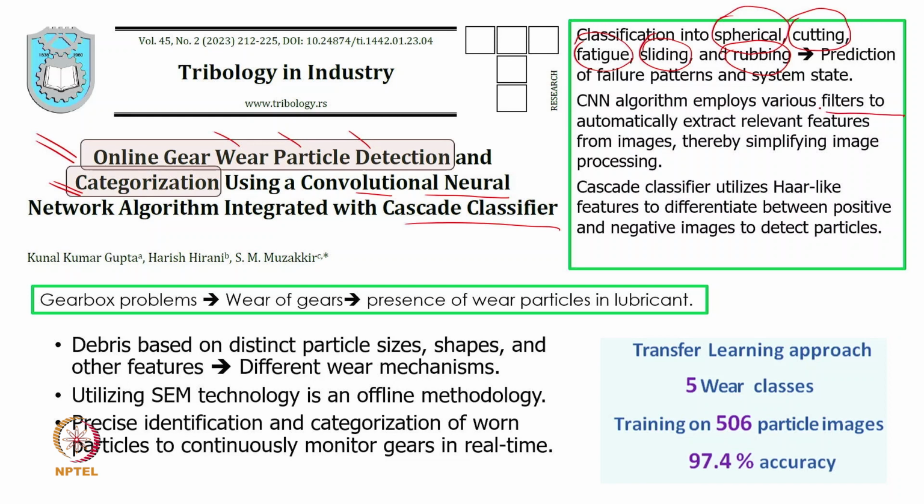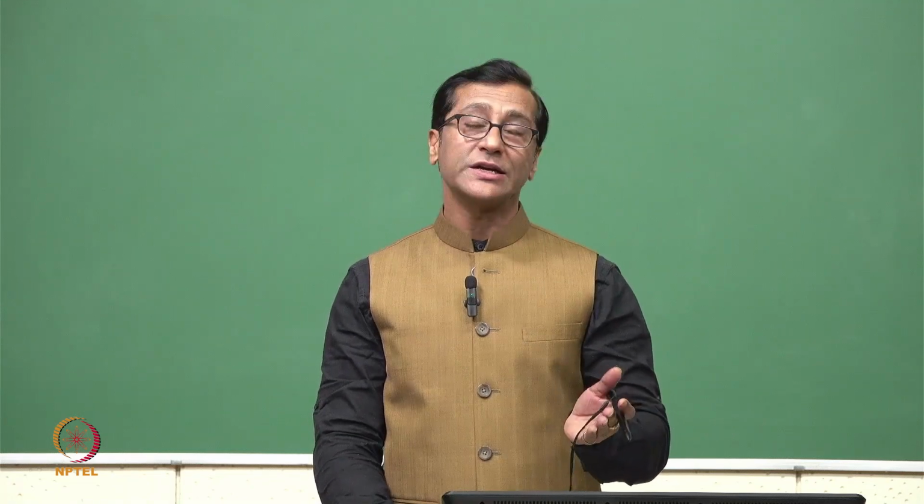We use some sort of filters in that to find out the right image, and then we also use cascade classifier-like features to differentiate between the positive and negative image. So here this is also important. We go with both positive, it looks like a fatigue wear, and we also go with the negative, no, it's not a fatigue wear at all.